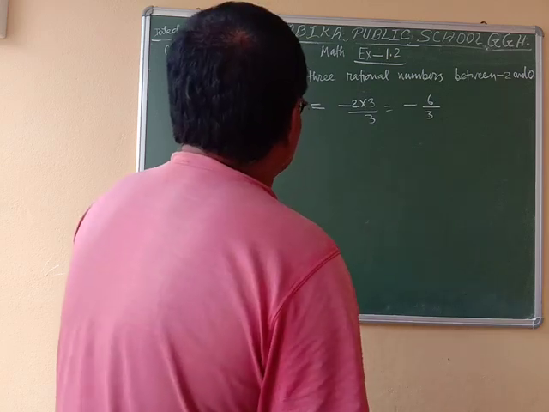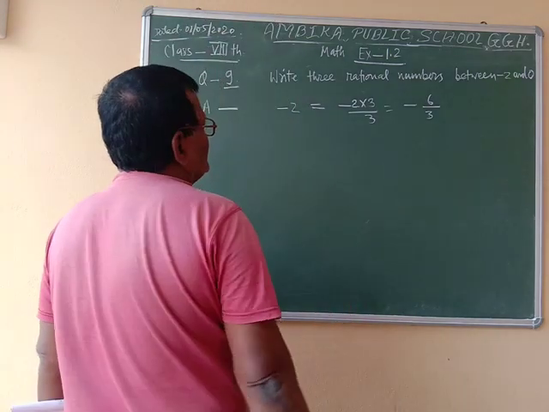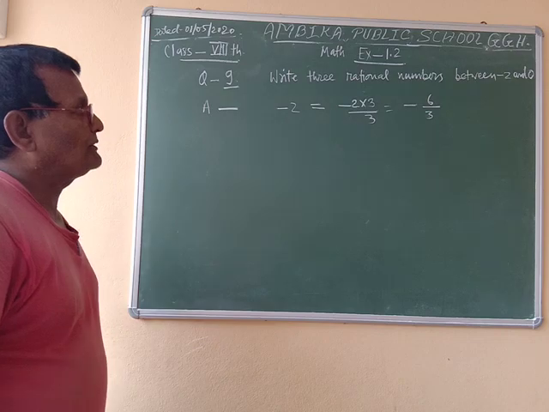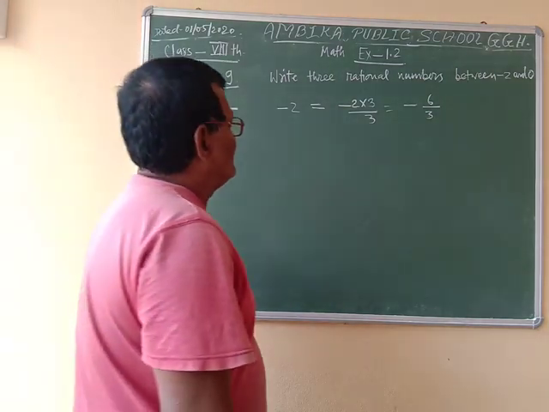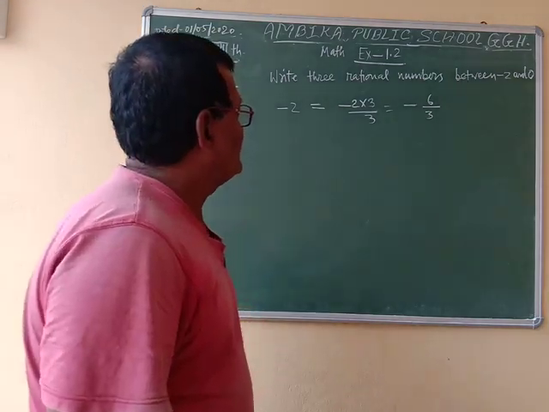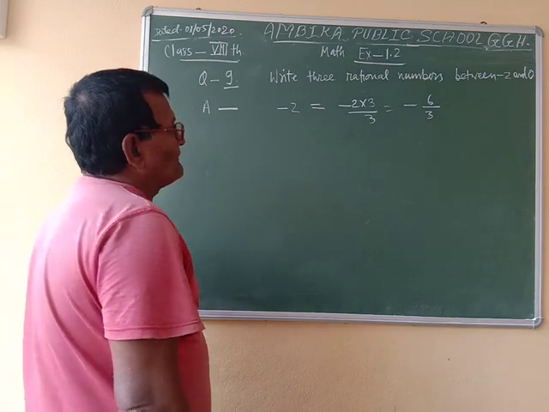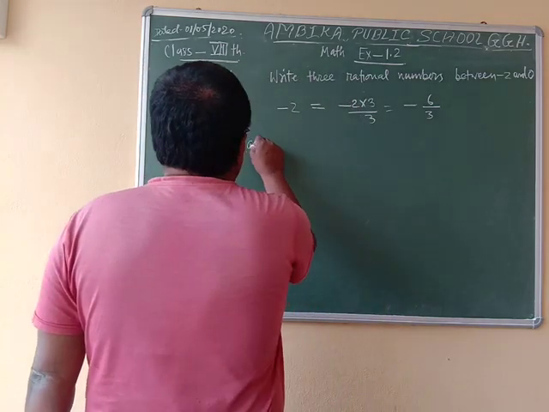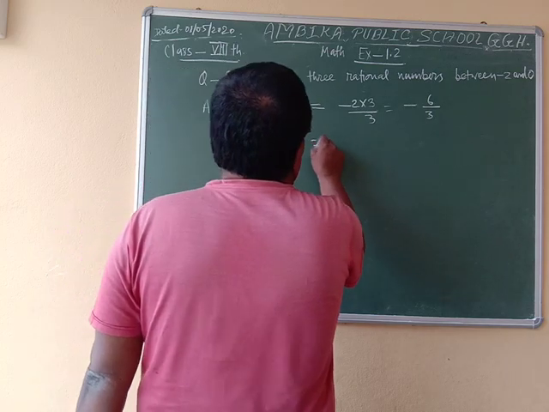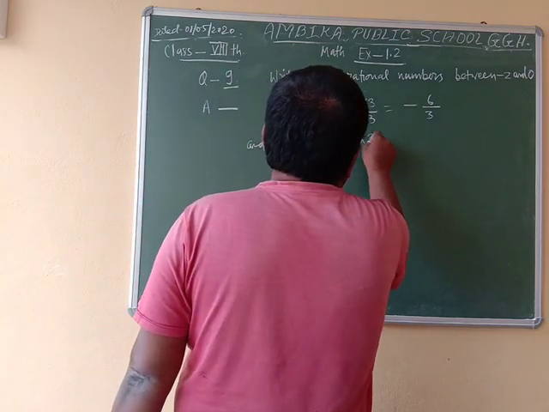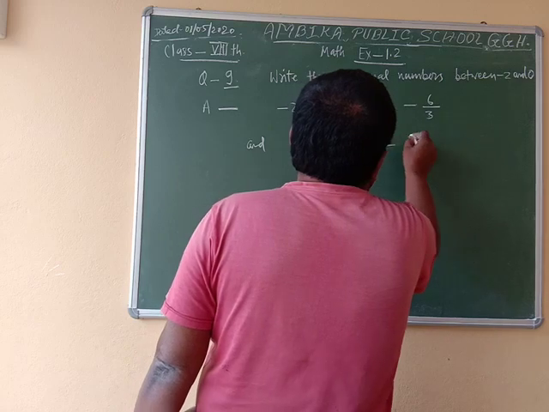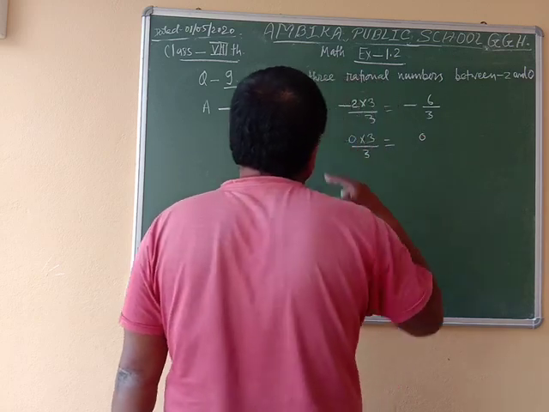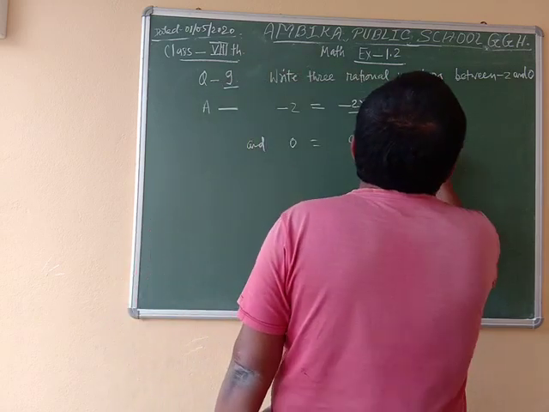We can write -2 is equal to -2 into 3/3. Dividing and multiplying by 3, we get -6/3, and 0 is equal to 0 into 3/3 is equal to 0/3.